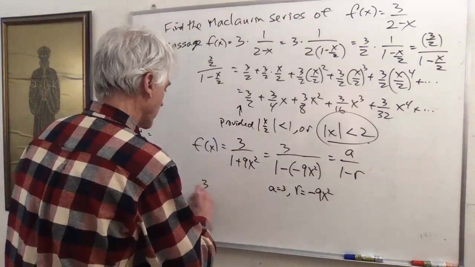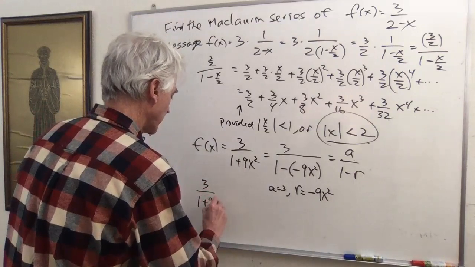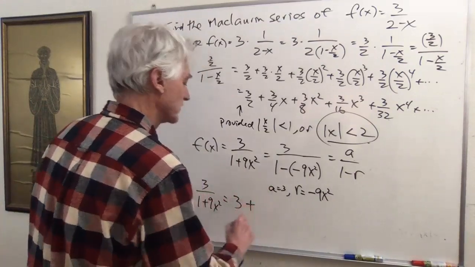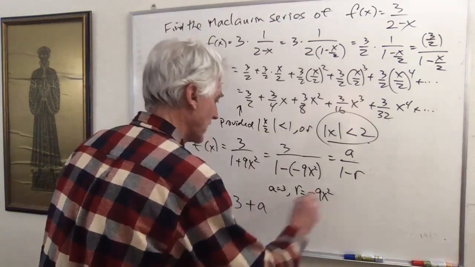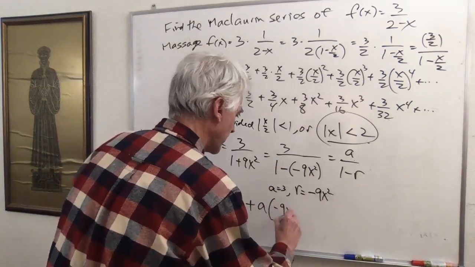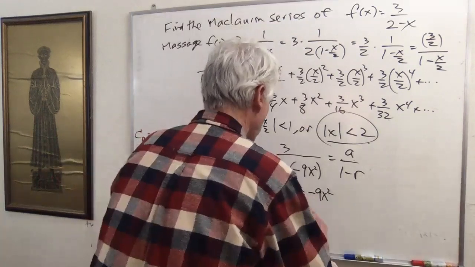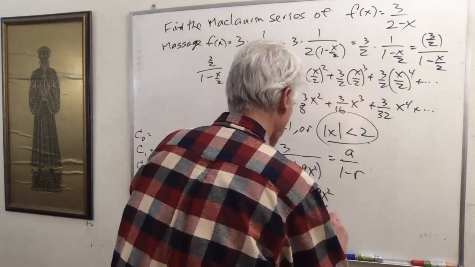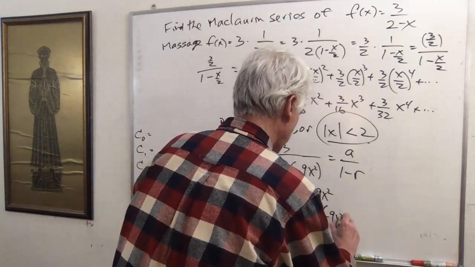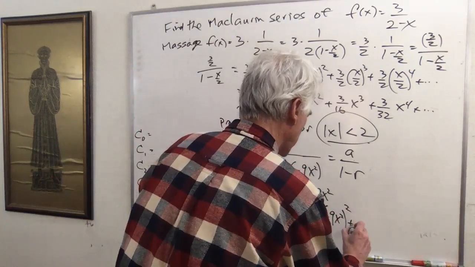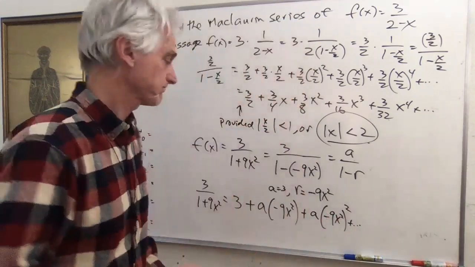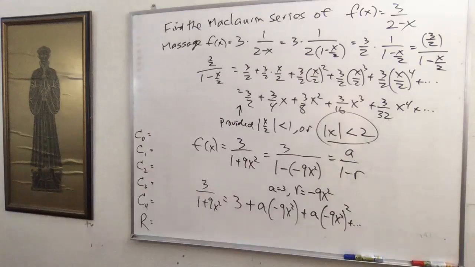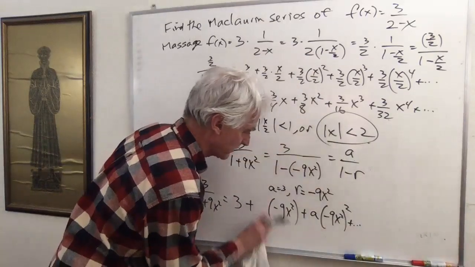So I get that 3/1 plus 9x squared is a 3 plus a times r, minus 9x squared, plus a times r squared, minus 9x squared all squared. And actually I can stop there. Oops, I said a is 3, so make that a 3.